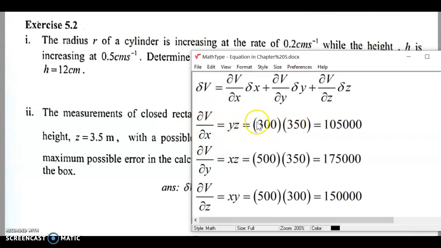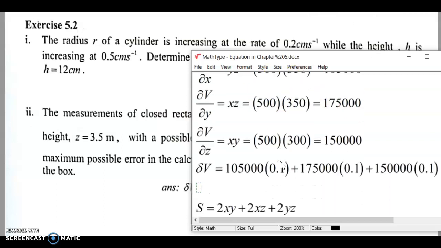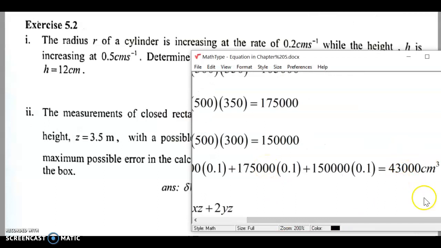So I substitute y and z, I get this amount. The same goes for the other two. I conduct a partial derivative in terms of y and z to get this, and substitute to get the formula. So that will represent all of these partial derivatives. And next we simply multiply with the small increment, and that will give us the answer. This will be the small increment in terms of volume.